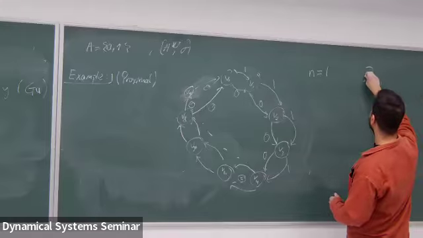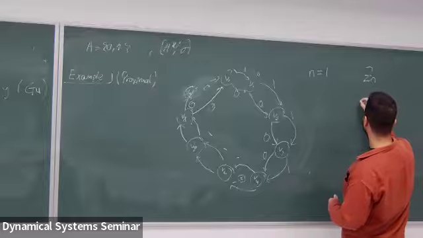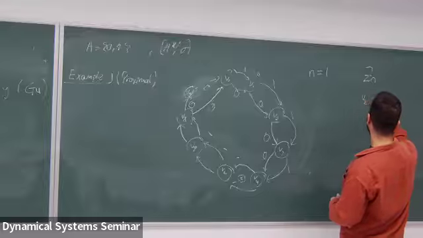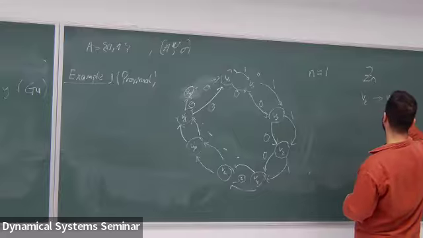So basically, to construct Zn, what we do from Vk to Vk plus 1.